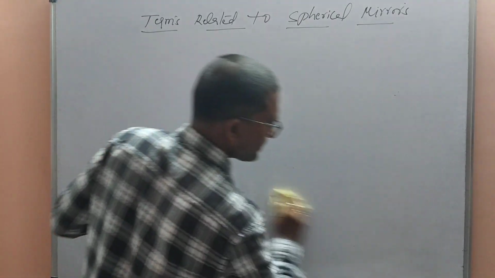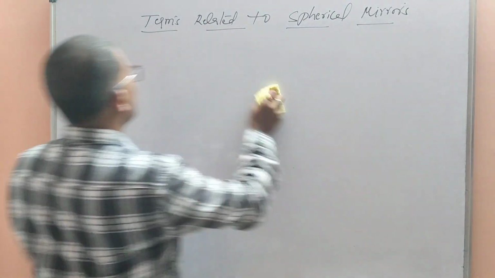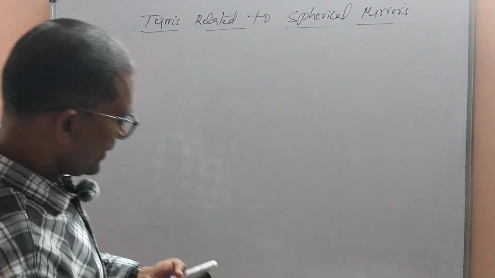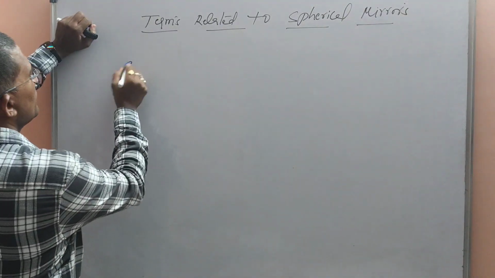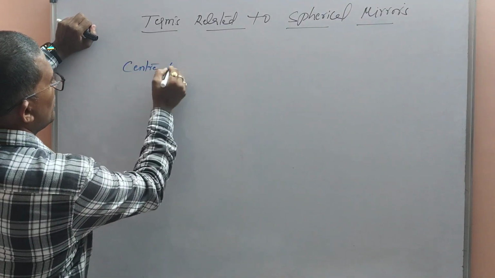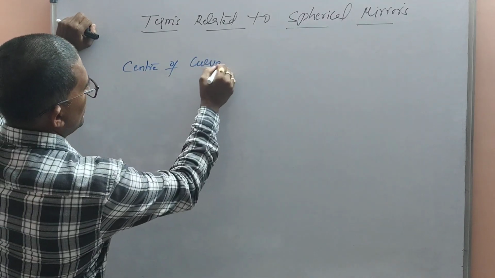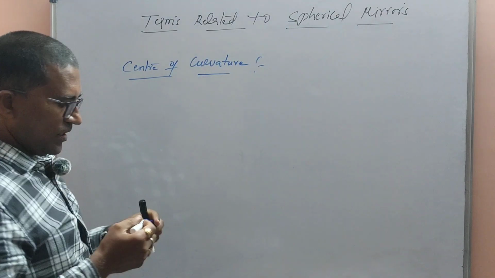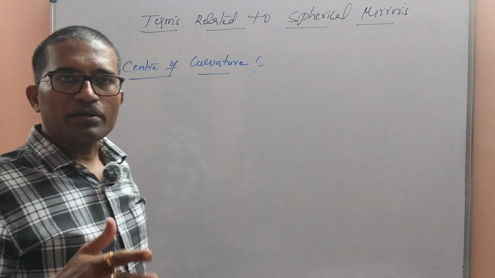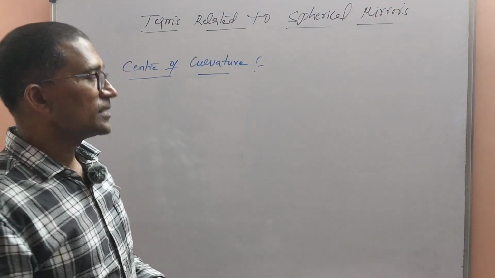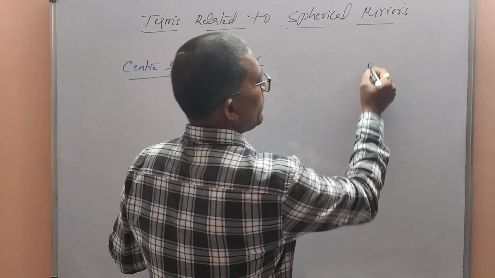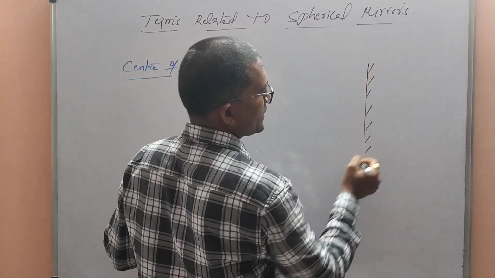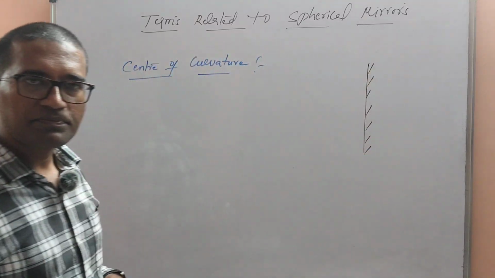Next, we'll be talking about the center of curvature. For a plane mirror, there is no center of curvature because, as I told you already, a plane mirror has a flat surface, no curvature.